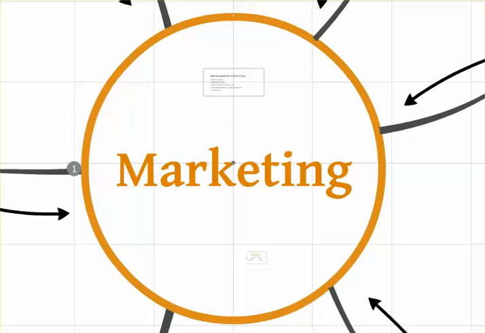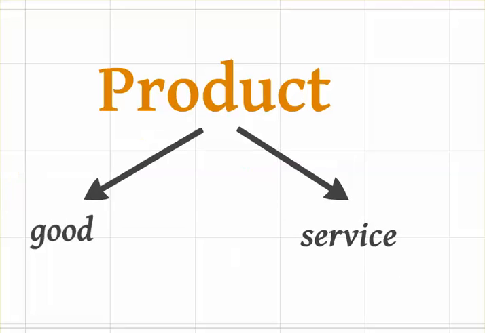So let's start by talking a little bit about what marketers do. If you've ever worked for a corporation or you know about corporations, you probably have heard that corporations have one fundamental goal: to earn a profit. And what does it mean to earn a profit?